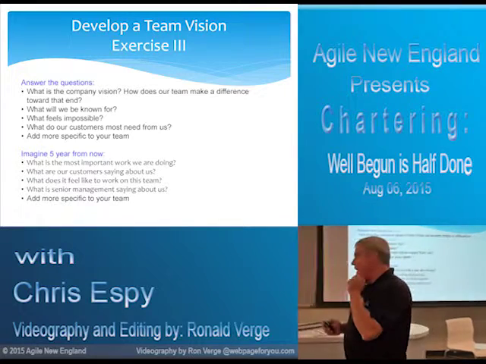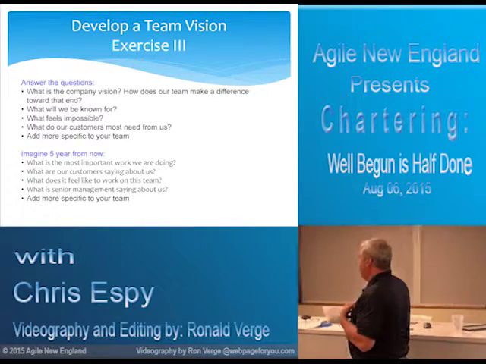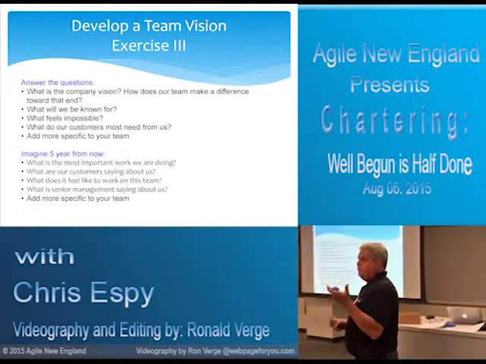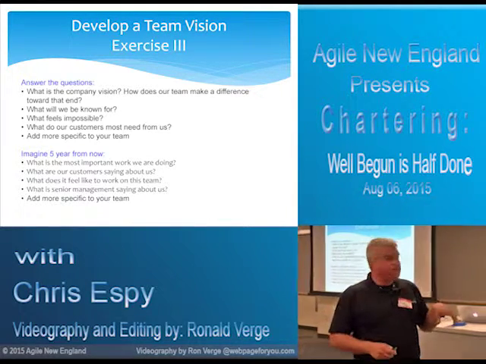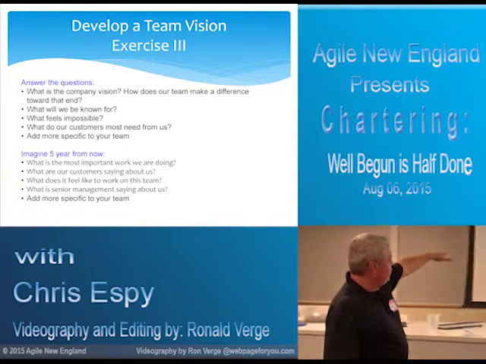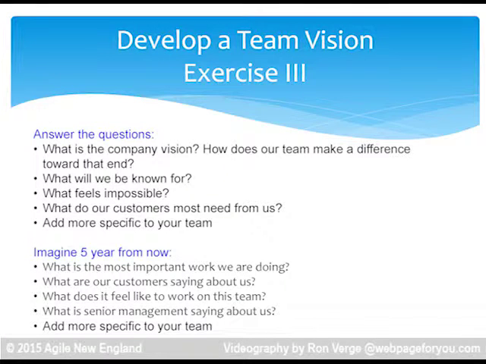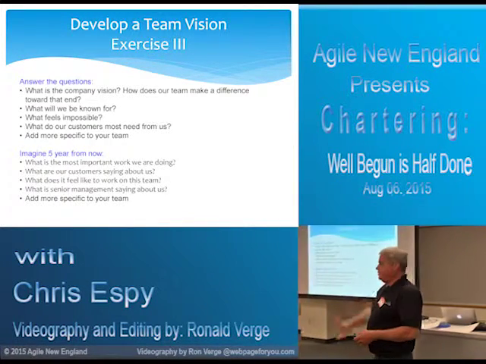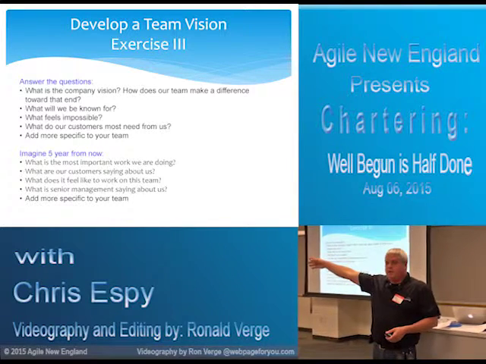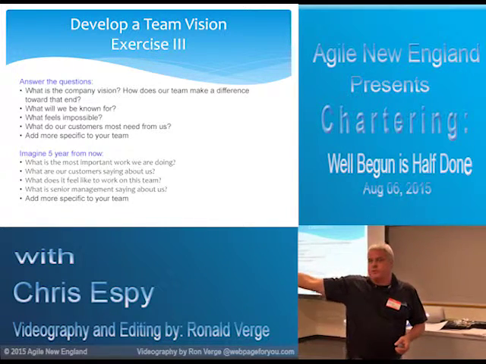So what I'm going to ask you to do right now is create a team vision for the team that you chose. In order to do that, answer these questions. What is the company vision? How does our team make a difference toward that end? What will we be known for? What feels impossible? Remember, the vision is something that you're not doing right now, a direction that you want to move your team toward.